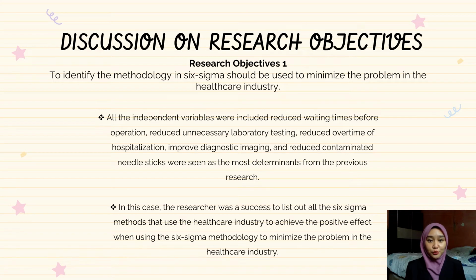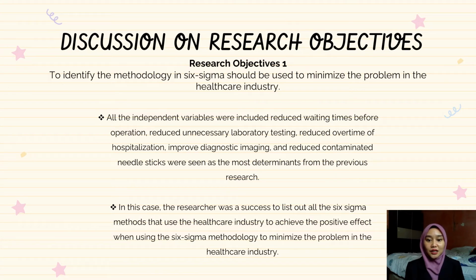Discussion on research objective 1. To identify the methodology in Six Sigma that should be used to minimize the problem in the healthcare industry. All the independent variables were included: reduced waiting times before operation, reduced unnecessary laboratory testing, reduced overtime of hospitalization, improved diagnostic imaging, and reduced contaminated needle sticks were seen as the most determinant from the previous research.